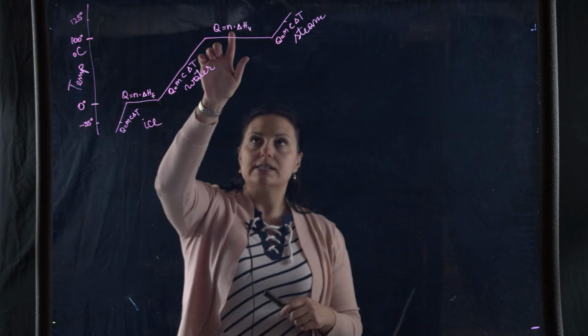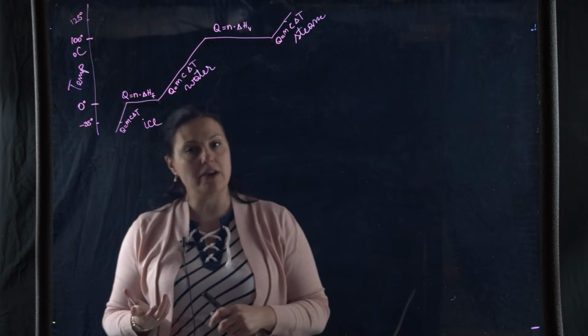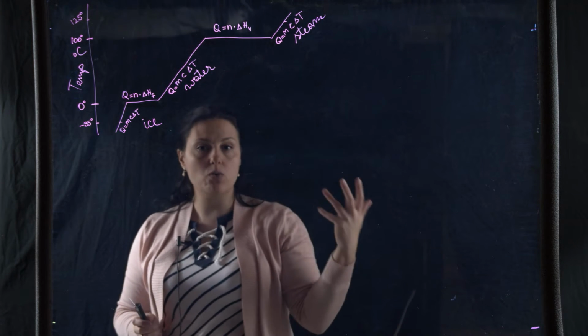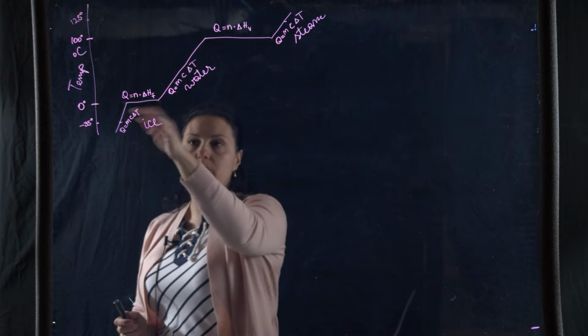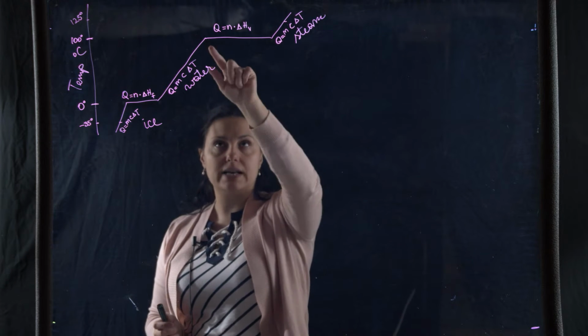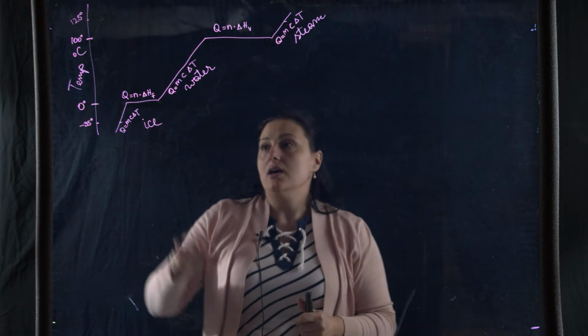Up here is n times delta Hv, the heat of vaporization of water, because I'm turning water into steam up here. Here I'm melting or fusing, and here I am evaporating or condensing, depending on which direction I'm going.